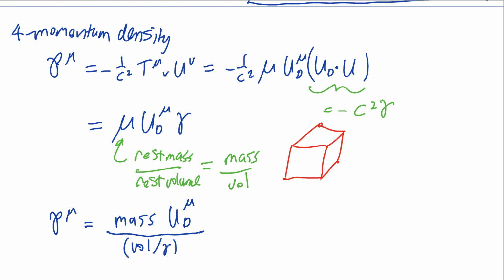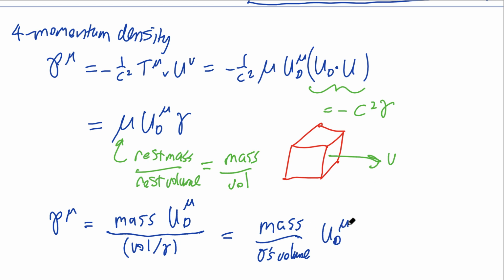And now for the observer O, who sees this moving past with some speed v, this volume is Lorentz contracted along the direction of motion. So the volume will be smaller by a factor of gamma, and that's this factor of gamma. So this is equal to the rest mass per unit of O's volume times the dust four-velocity.